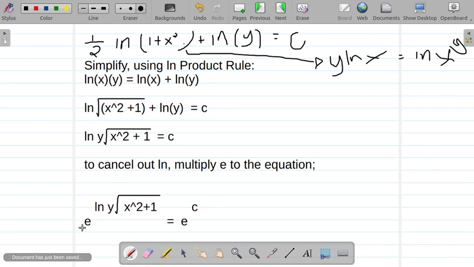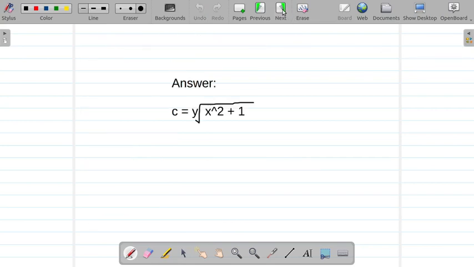So, e and ln cancel out, what remains is y square root of x to the power of 2 plus 1 is equals to anything, since e to the power of c is just equals to c. So, our equation then is c is equals to y square root of x squared plus 1.